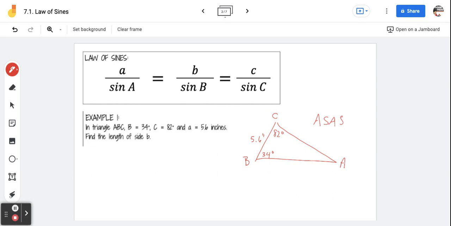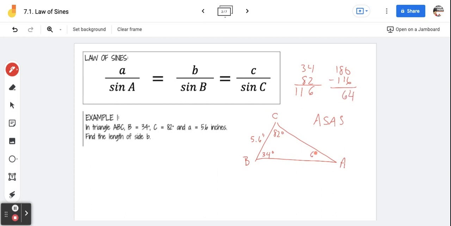All right. So they don't give me angle A, but I know A because I can just do the 180, and we know there's 180 degrees in the triangle. So if we add 82 and 34 together, that's 116. 116 from 180 is 64.